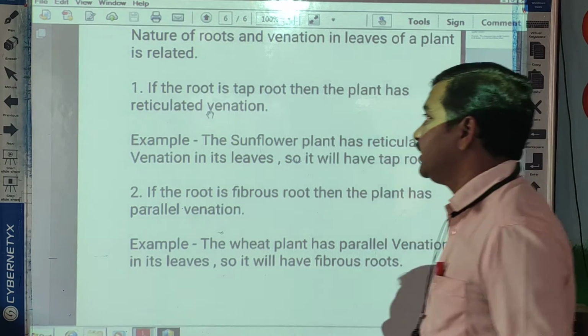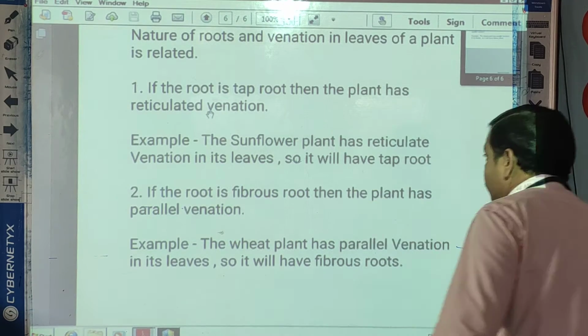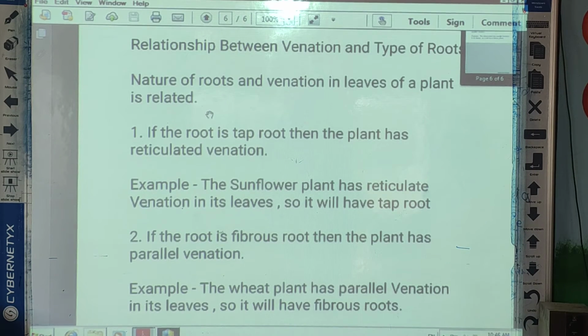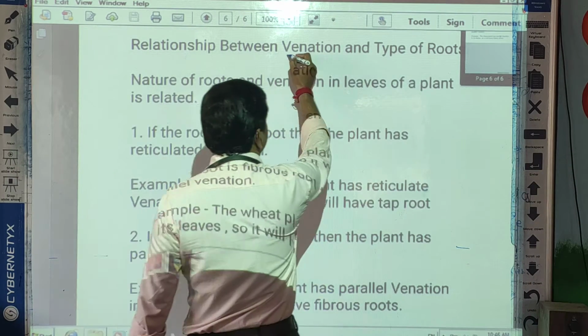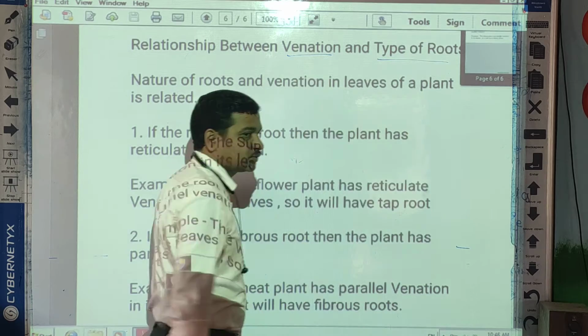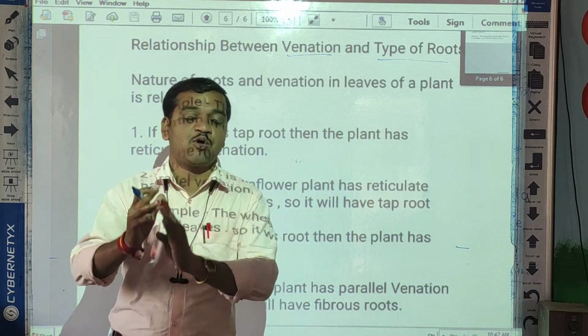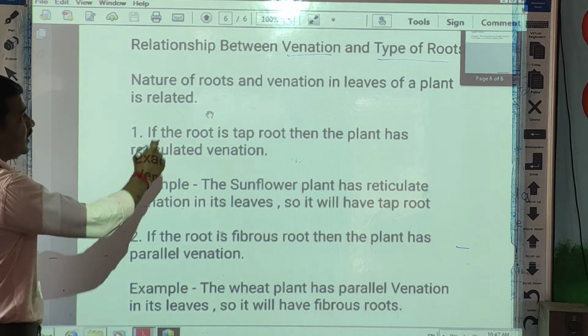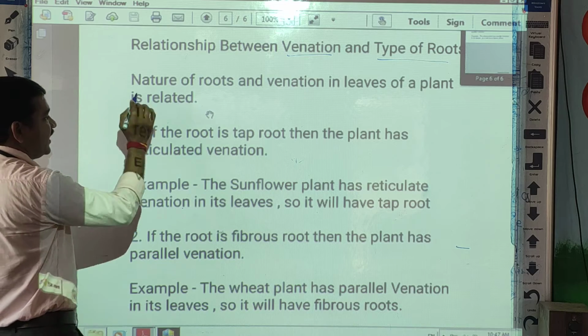Now see here the relationship or the nature of roots and venation in leaves of a plant. There is a relation between venation and type of root. So first you see, the nature of roots and venation in leaves of a plant is related.